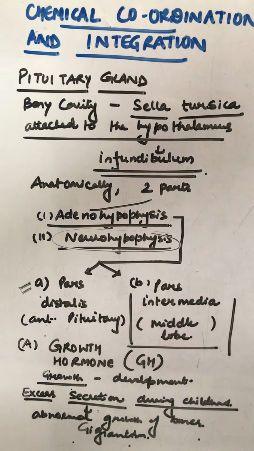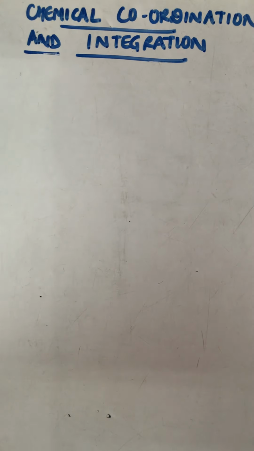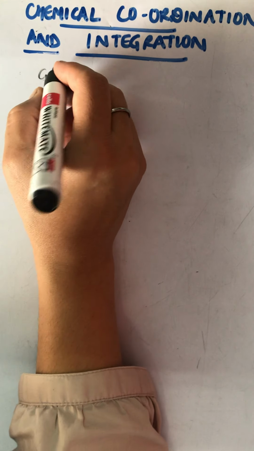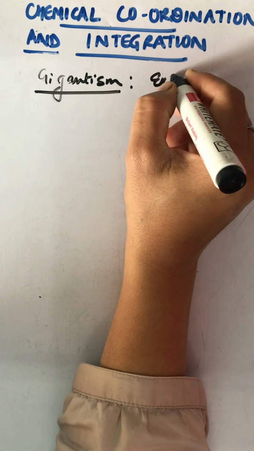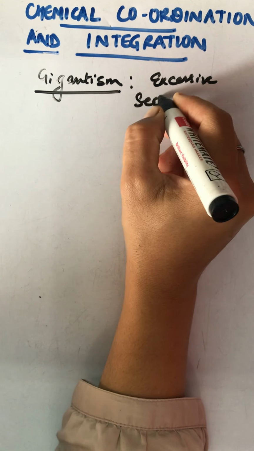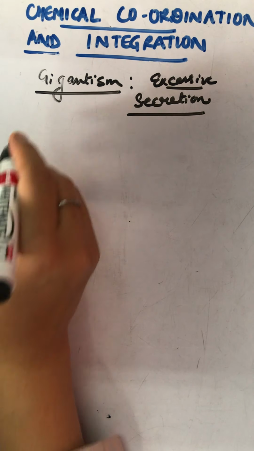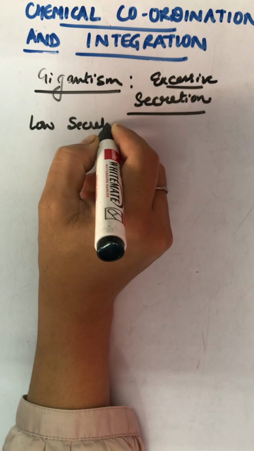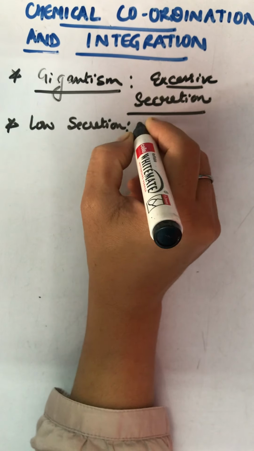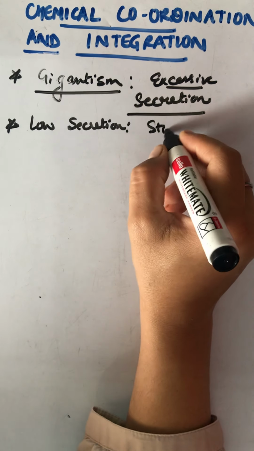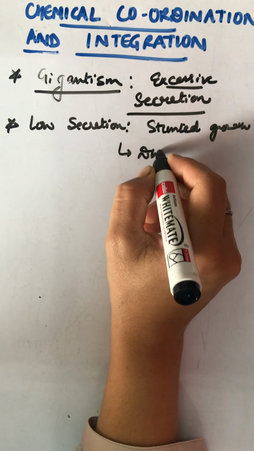So here we are continuing with the GH and we are writing: gigantism is the problem which is observed when excessive secretion of this hormone takes place during childhood, and low secretion of this hormone will automatically lead to stunted growth, and the problem is dwarfism.